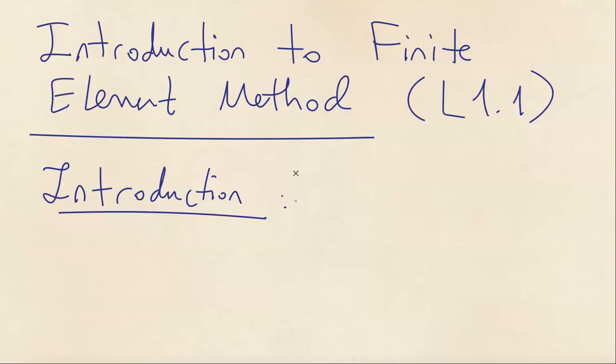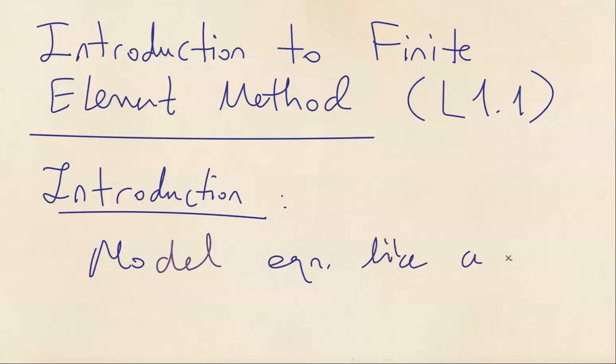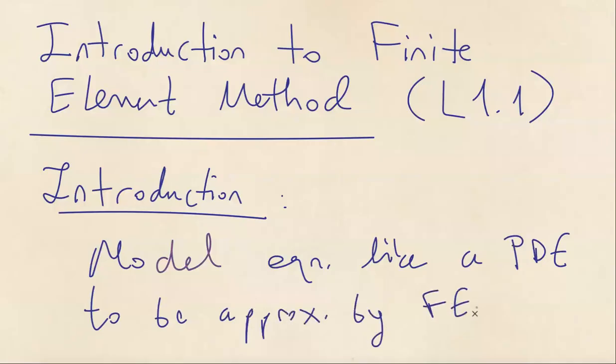Okay, so let me just write a few things here. So we have a model equation, a PDE, that is a partial differential equation, to be approximated by finite element methods.